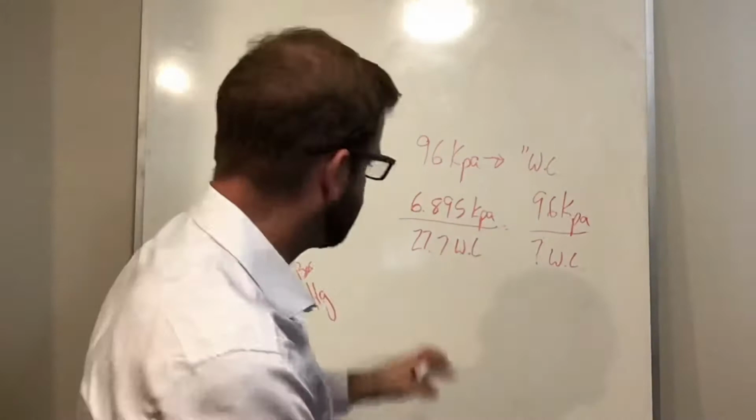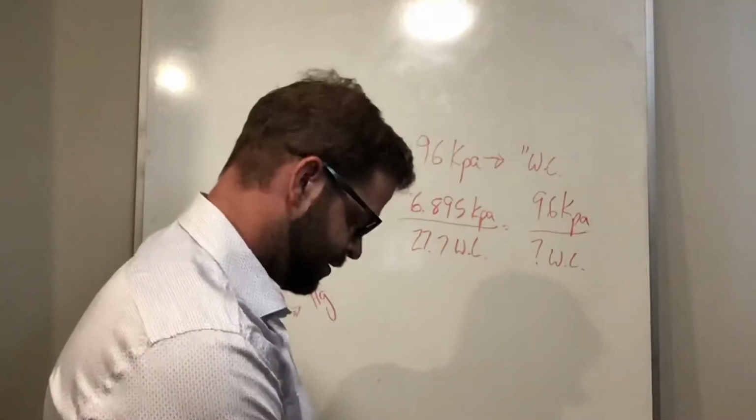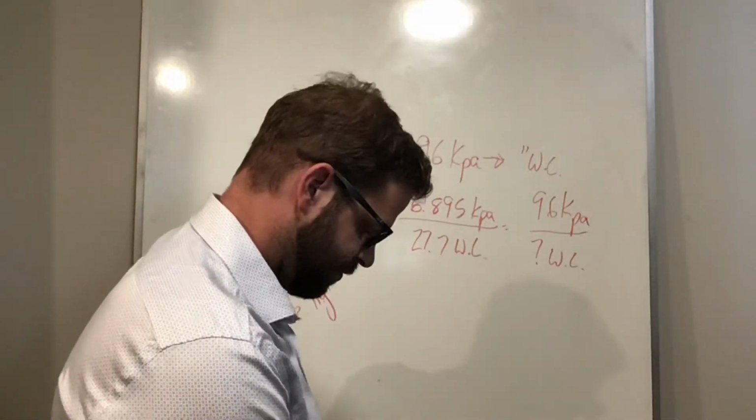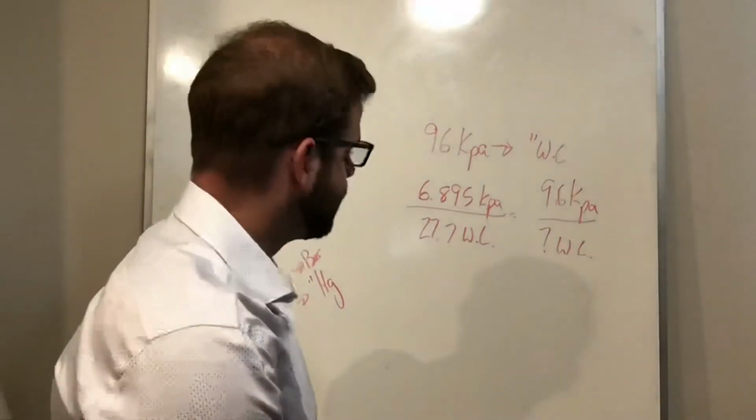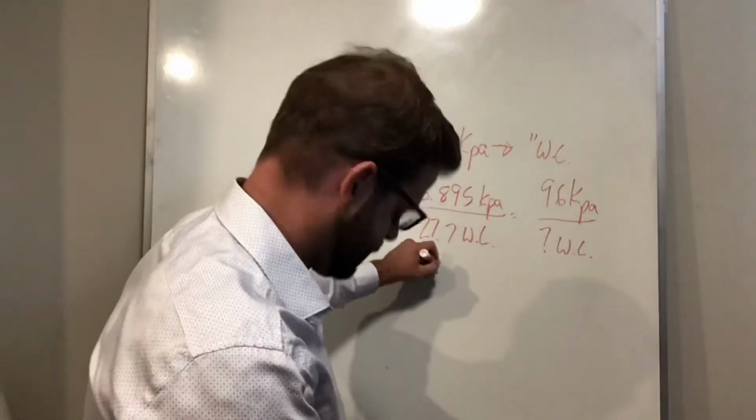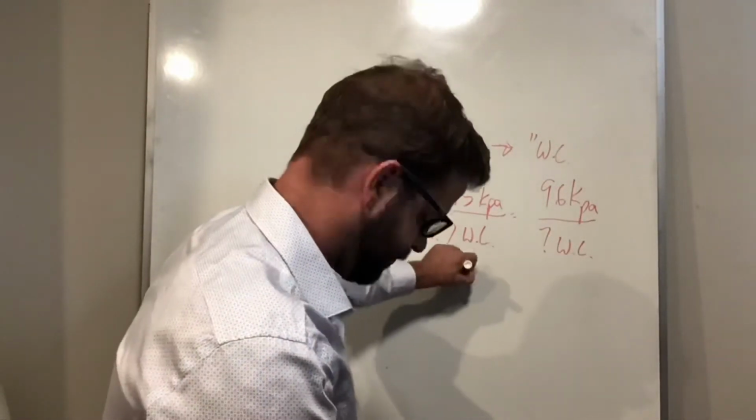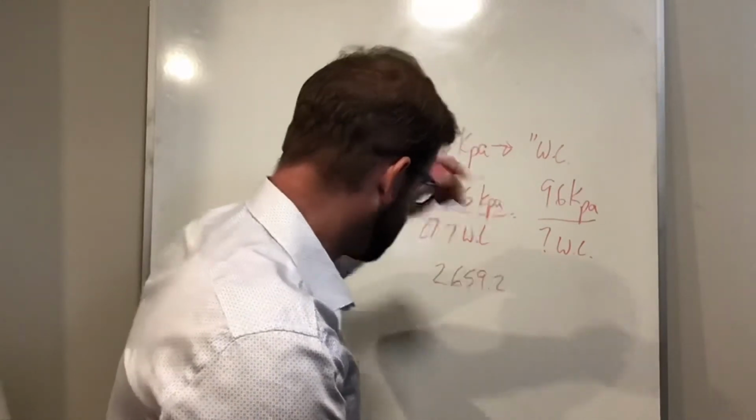All right, so we multiply across what we know, so 27.7 times 96. We get from that 2,659.2.